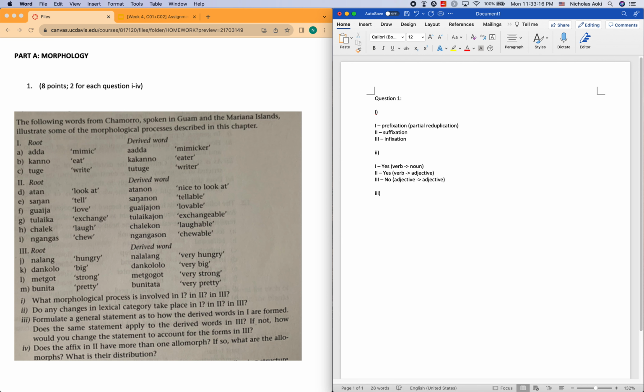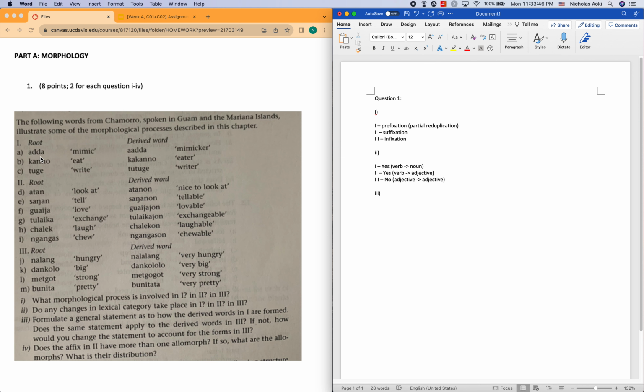Let's try number 3. Formulate a general statement as to how the derived words in 1 are formed. Does the same statement apply to the derived words in 3? If not, how would you change the statement to account for the forms in 3? So let's look at number 1. I already kind of answered this earlier. So we saw before that we were doing prefixation and partial reduplication. So for number 1, each word on the left-hand side is 2 syllables.